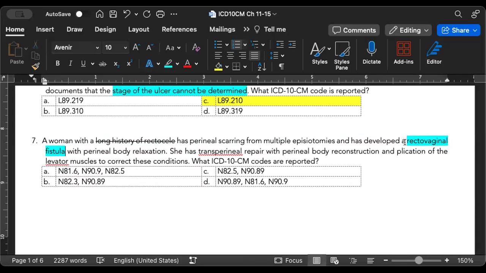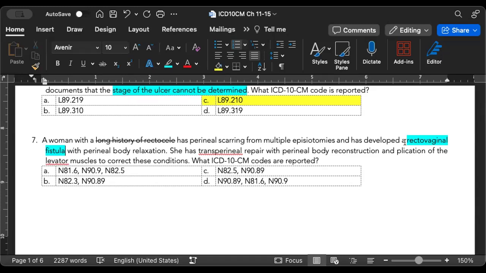Underneath fistula, we should go to rectovaginal. And what ICD-10 code should we use for a rectovaginal fistula? Yep, N82.3.